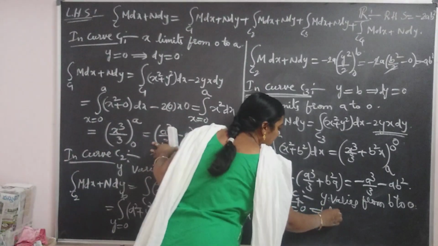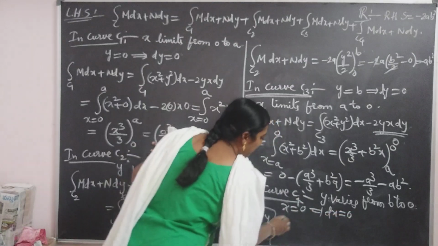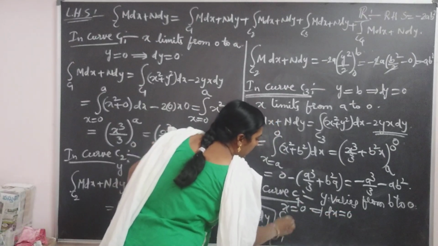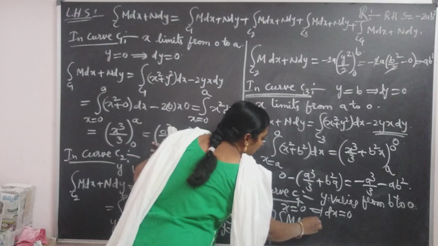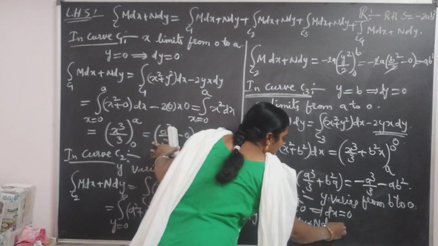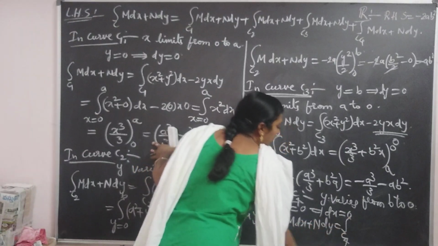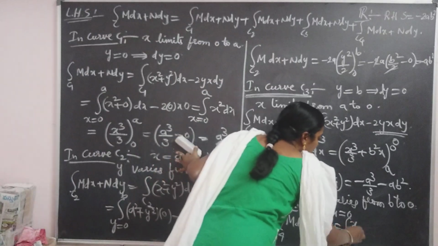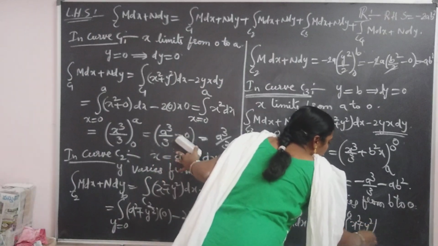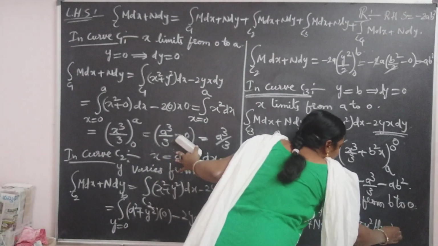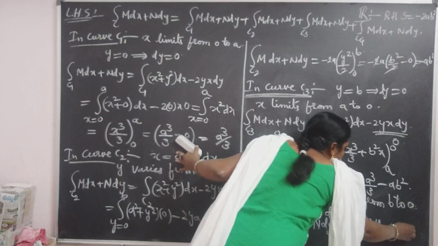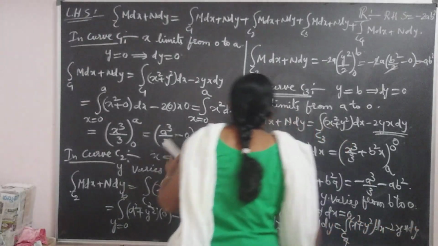So dx also equals 0. The integral over C4 of m dx plus n dy is equal to the integral over C4 of x square plus y square into dx minus 2yx dy.